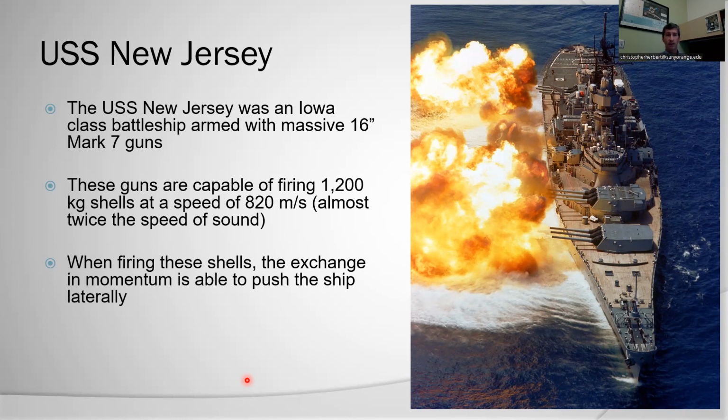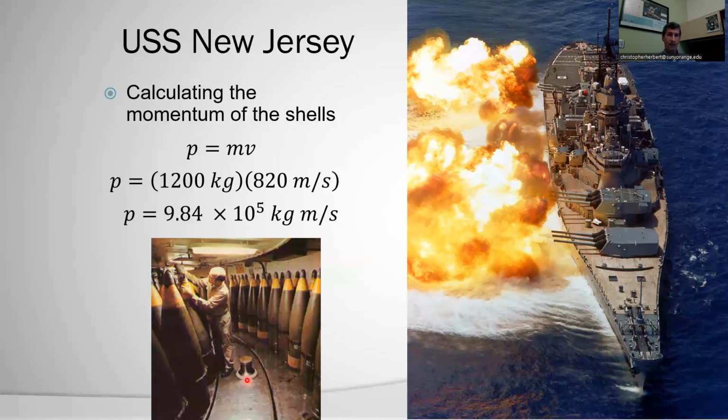Obviously, such a large mass at such a large velocity would produce a very large momentum. In this case, 9.8 times 10 to the fifth kilograms meters per second. Again, almost 1,000,000 kilograms meters per second for the shell being launched at that velocity.